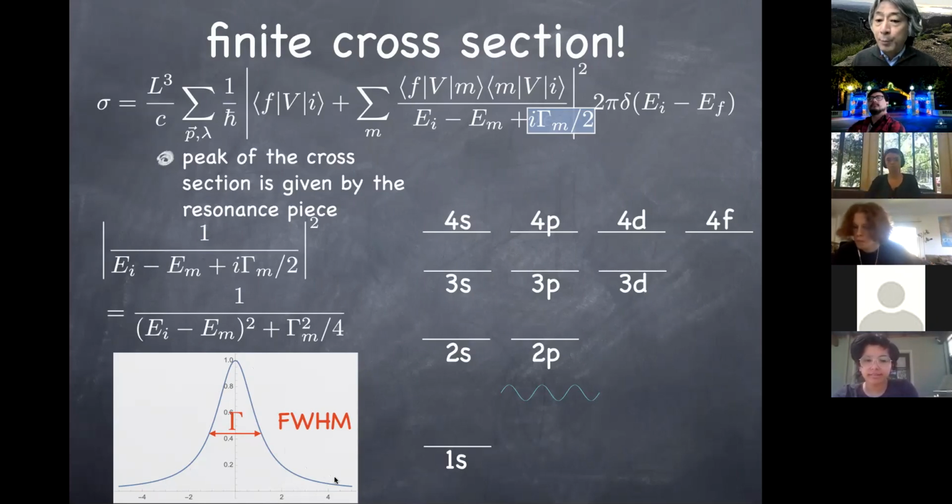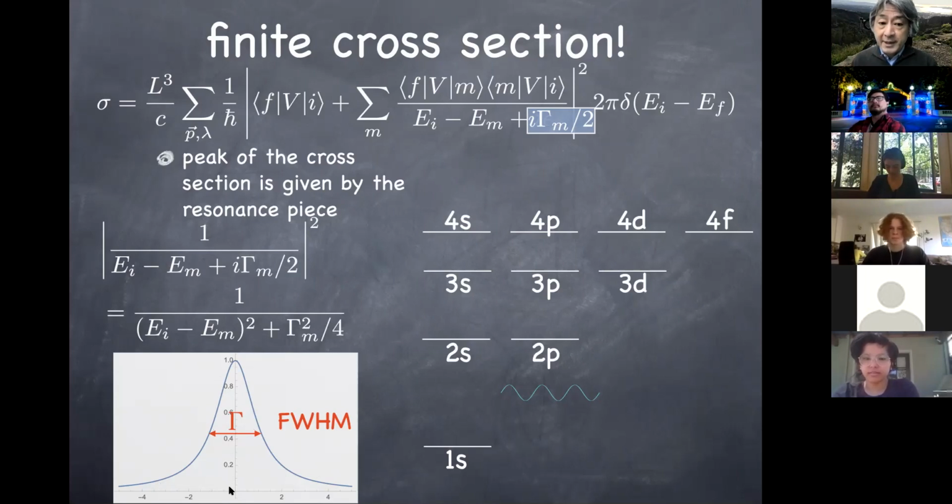Well, it's also called Breit-Wigner from the context of quantum mechanics. And then this gamma has a meaning of the full width at half maximum of this cross section as a function of energy. In the case of atomic scattering processes, this width is so narrow that you see just a single spike that looks like a delta function.